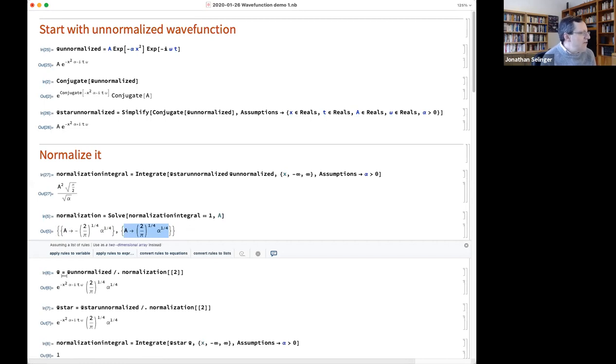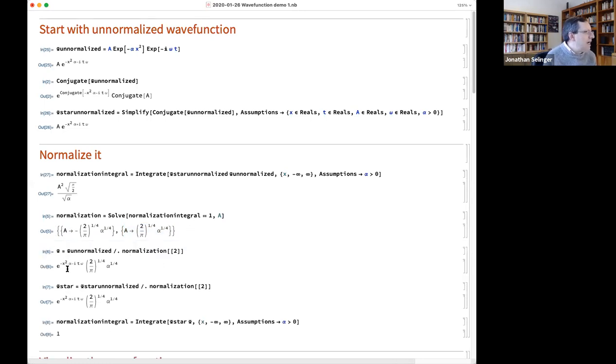Okay, so now I say psi should be the unnormalized psi, and then I will substitute in the normalization. Okay, so this slash dot means substitute in something. So I want to substitute in the normalization.